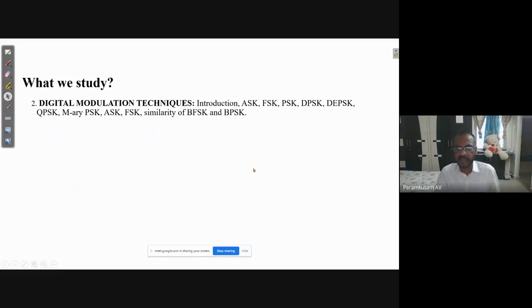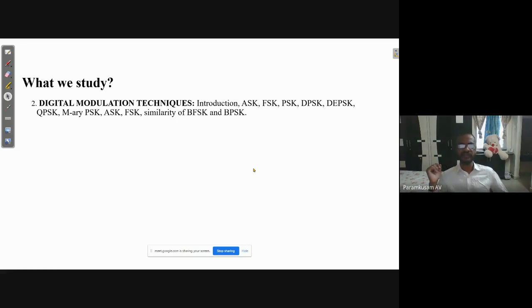Amplitude shift keying means the amplitude of the carrier has two values, one value due to logic 1 and another value due to logic 0. So the amplitude of the carrier is varied between two values only.